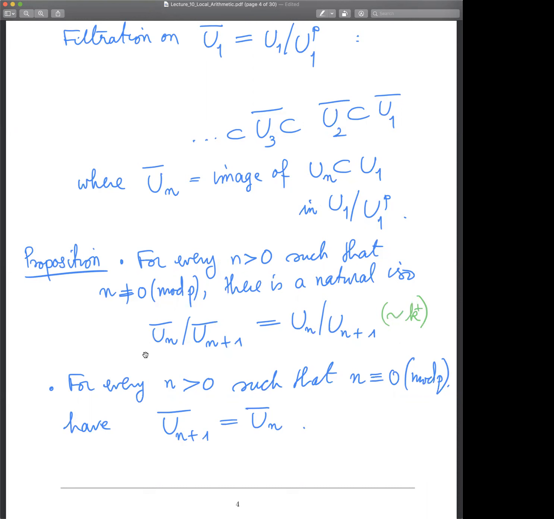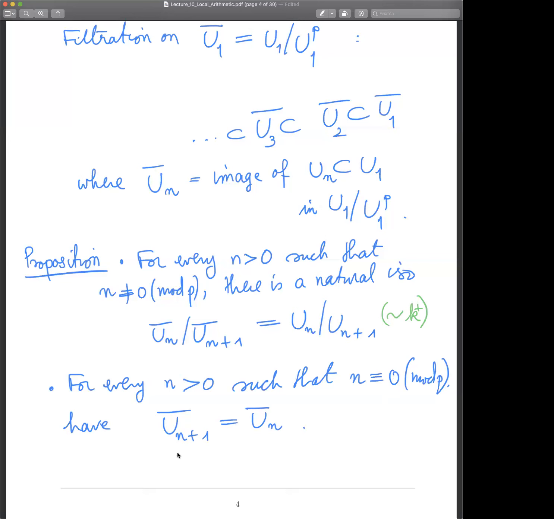If you prove that Un bar modulo U(n+1) bar is really the same as Un modulo U(n+1), we already know that this is isomorphic to k. So we are determining this quotient at least when n is prime to p. What happens if n is a multiple of p? If n is a multiple of p, then it's even simpler. U(n+1) bar is really the same as Un bar.